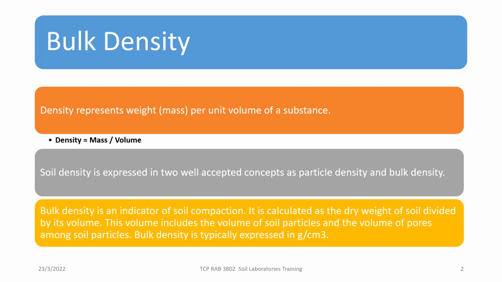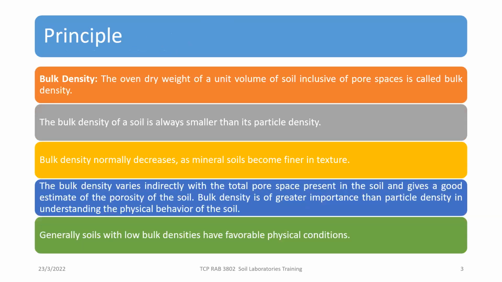The important thing is that with bulk density you take the volume of solids and the pore volume. The oven dry weight of a unit volume of soil, inclusive of pore space, is called bulk density.